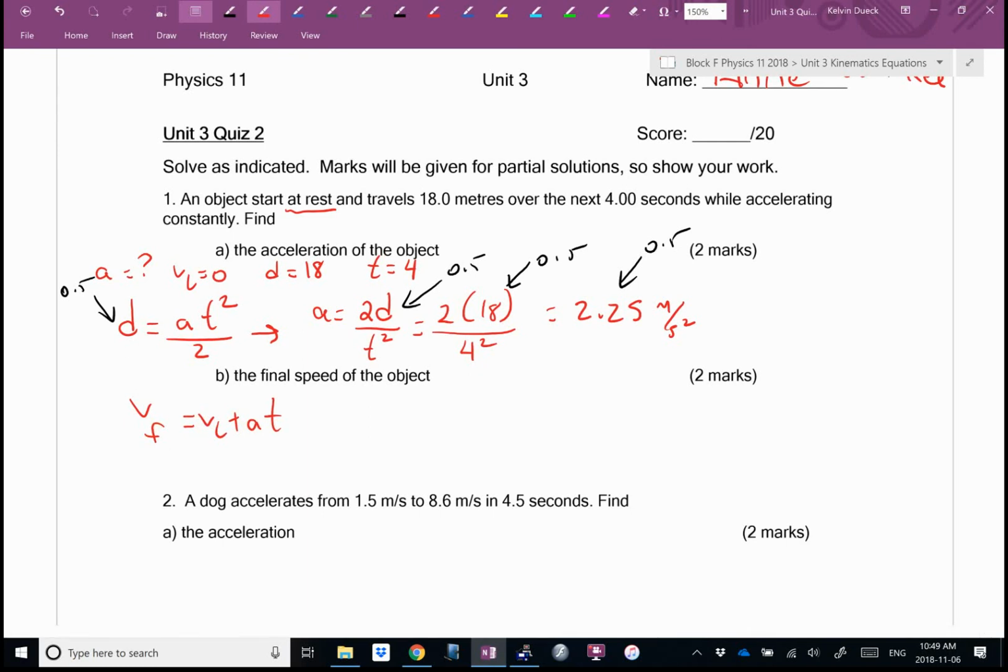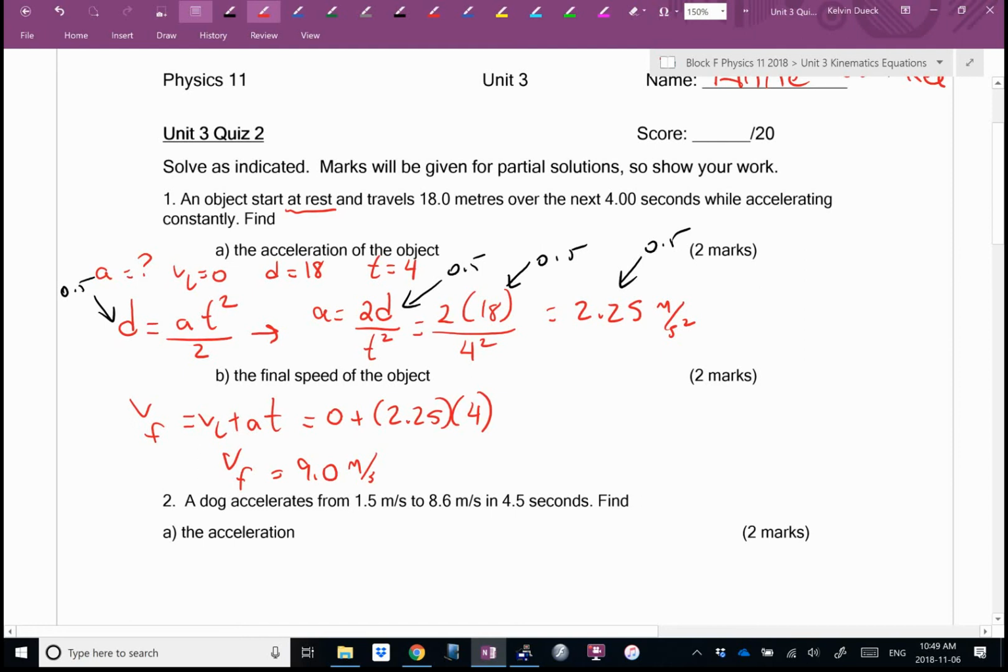I think most of you are at a stage now where you can have some confidence and say, I can use an answer to find an answer if it's easier. So it would be 0 plus 2.25 times 4. VF ends up being 9? Is that right? Meters per second. That gets you 2 out of 2.